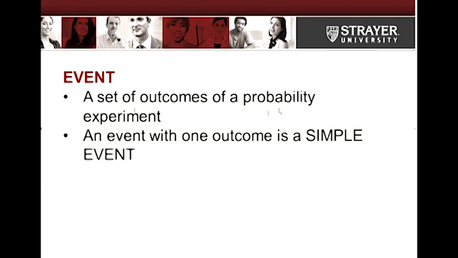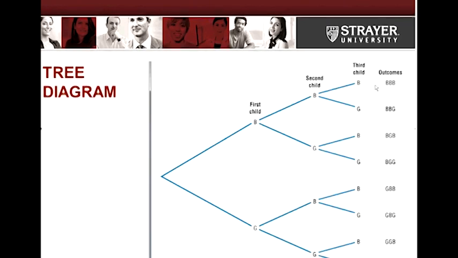Now an event is one certain set of outcomes of the probability experiment. So like I said just a second ago, with the tree diagram with the boys and girls, an event might be 3 boys. An event might be 2 boys and a girl. If we had 2 boys and a girl, then perhaps the 2 boys are first.